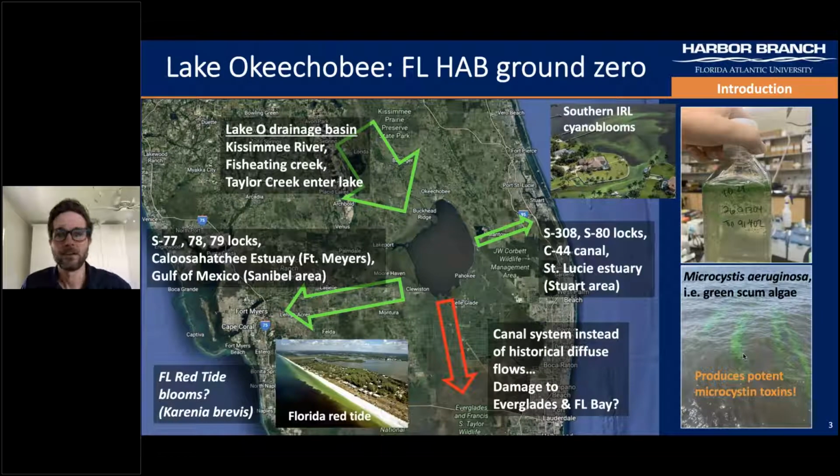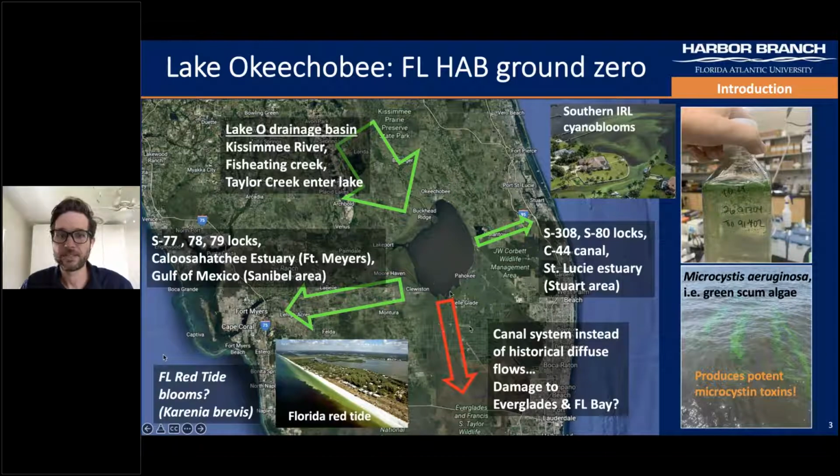Just a little background, Lake Okeechobee. It's, I think, the second largest lake in the US. It receives a lot of agricultural inputs from the Kissimmee River drainage basin. You also get a disproportionate nutrient load relative to its actual volume through Fish Eating Creek here.